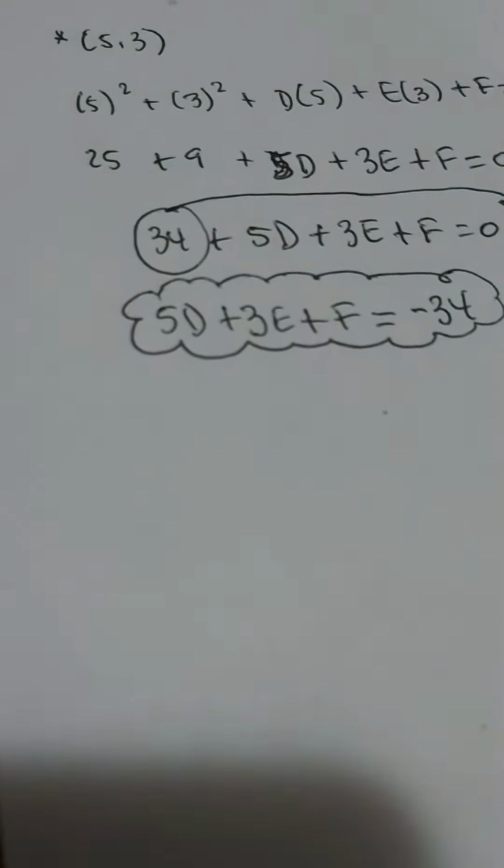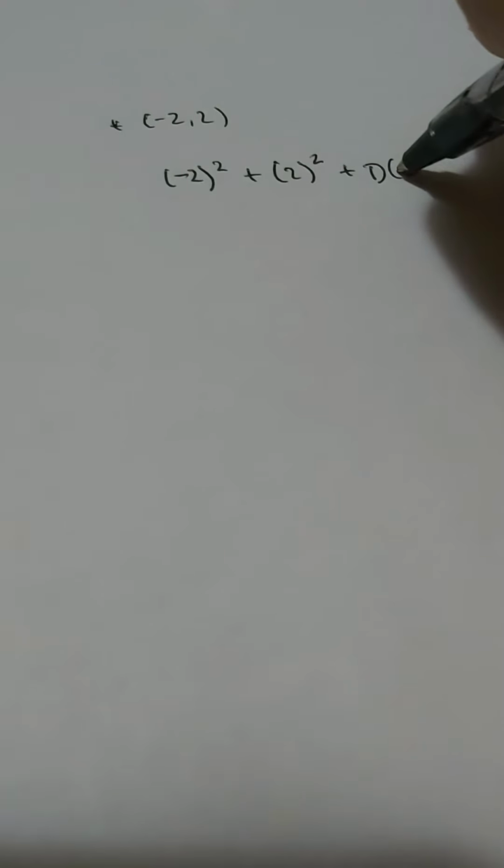Okay, now let's substitute (-2, 2) into the general form of the equation of the circle. So we get negative 2 squared plus 2 squared plus d times negative 2 plus e times 2 plus f equals 0.